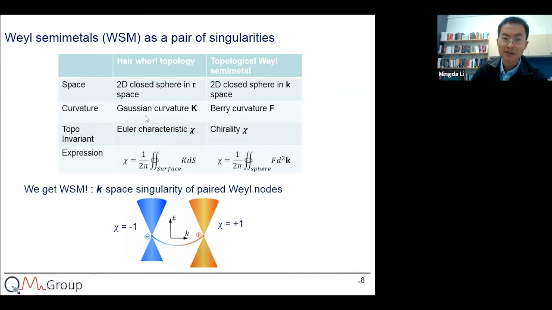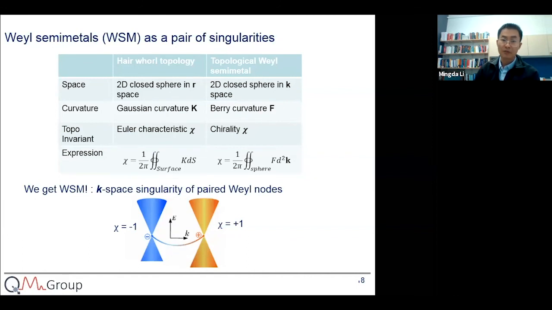Just like there's Gaussian curvature on the 2D spherical surface, in this 2D momentum space, by computing the quantum mechanical wave function, we can define something called the Berry curvature, and we call it F. Just like the Euler characteristic on the 2D surface, here we have an invariant like a Chern number, or we can call it a chirality. It's just integrating over the surface, not in real space, but in momentum space.